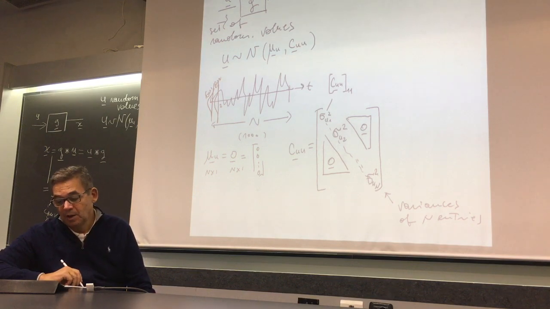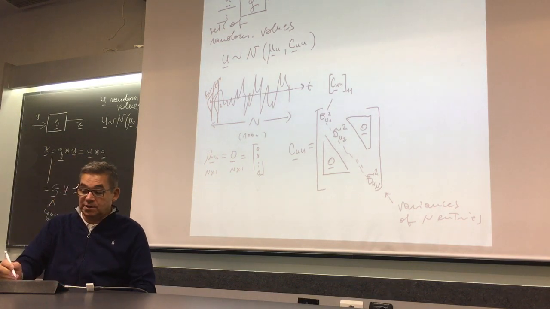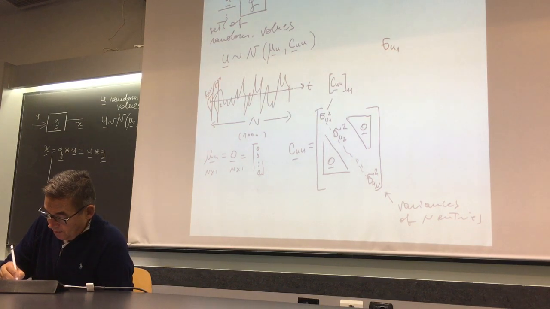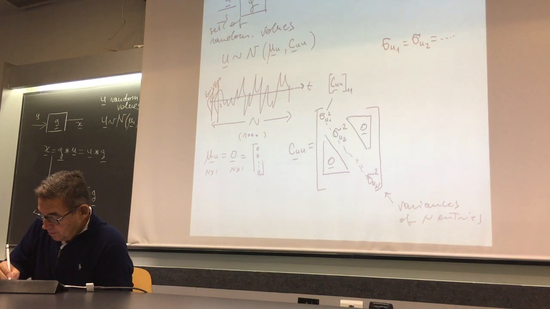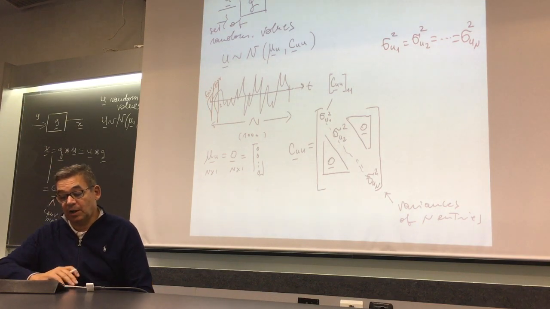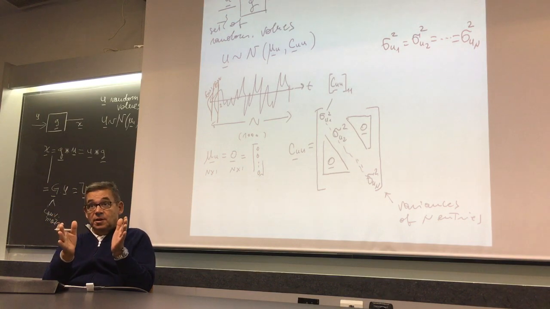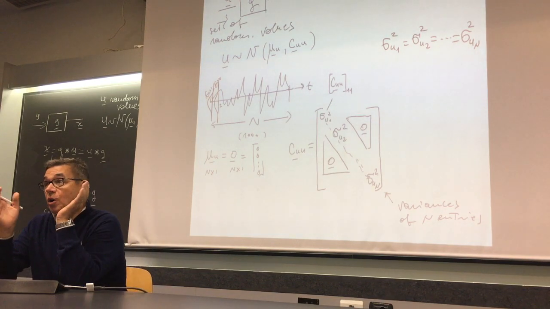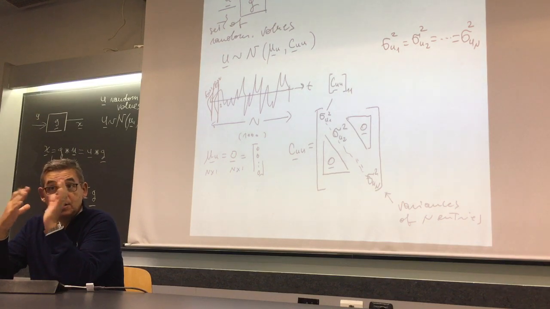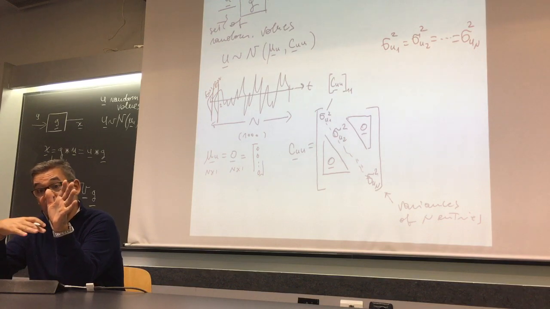Now let's consider a few cases. What about if sigma_u1 is equal to sigma_u2 is equal to sigma_un, all with a square? What can I say? This is a set of random variables. Since there are no off-diagonal terms, the random variables are Gaussian and uncorrelated.